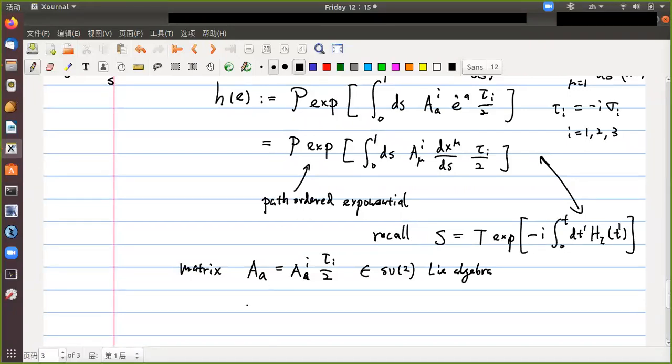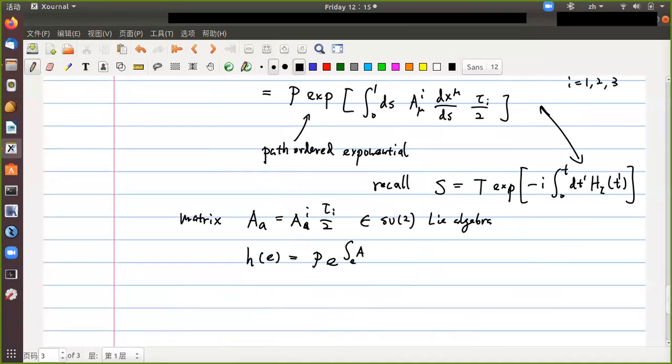Okay, so now with this matrix A, we can just write this holonomy as a path ordered exponential, integrating this one form along the edge. So this is just a short version of the above form. This is the definition of holonomy, and now I'll talk more about this path ordered exponential.